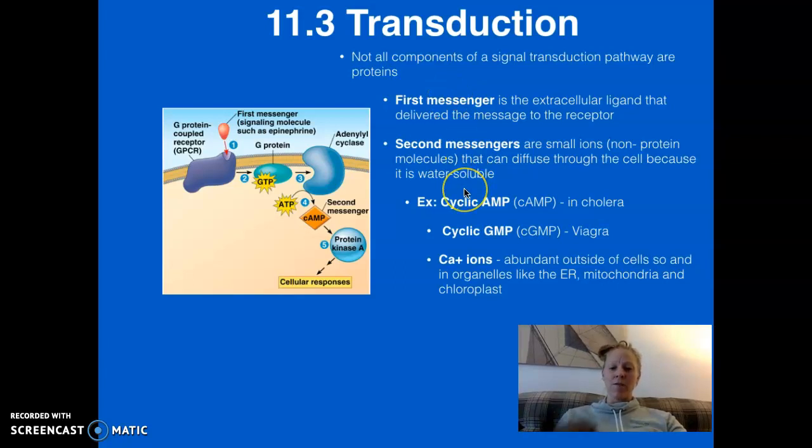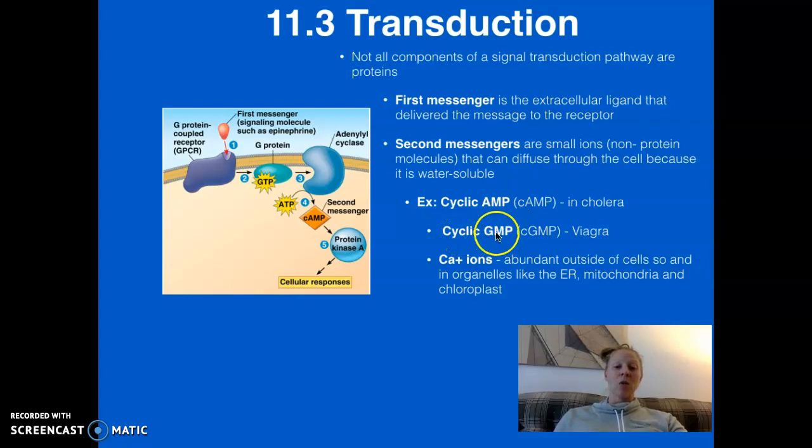Three examples of second messengers that we're going to use are cyclic AMP, or cAMP, and we are going to investigate the effects of this in the disease cholera. We're going to look at cyclic GMP, or cyclic guanosine monophosphate. Cyclic AMP is adenosine monophosphate, so one phosphate, which is two less than the triphosphate.